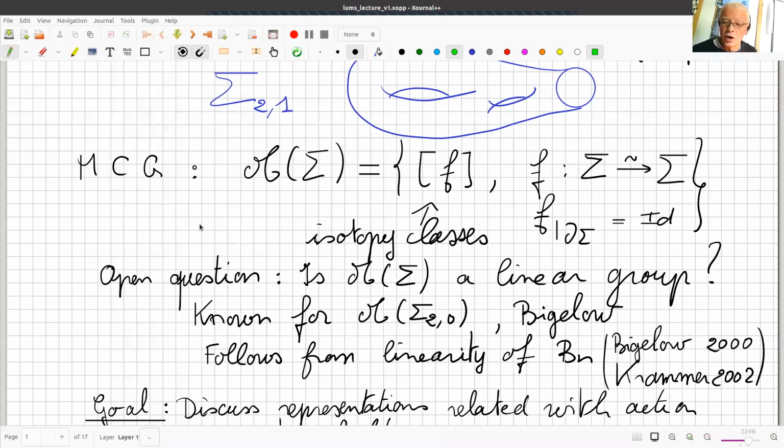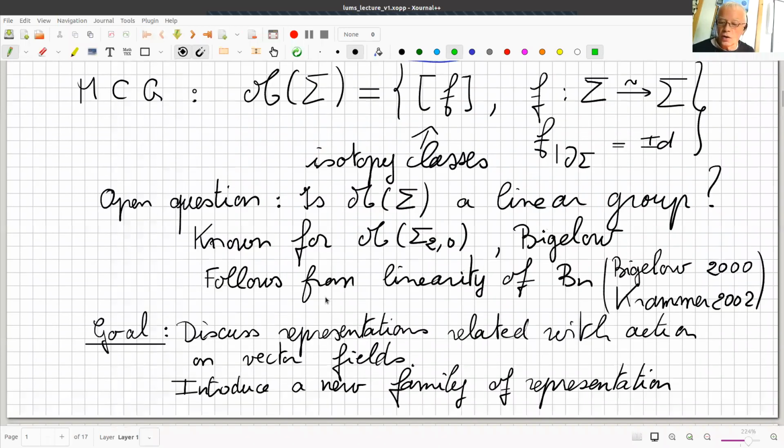or in other terms, is there a finite dimensional faithful representation? The answer to this question is known in genus 2, and it was proved by Stephen Bigelow, and it uses a very strong result of the linearity of the classical braid group, which was shown independently by Stephen Bigelow and Dan Krammer.